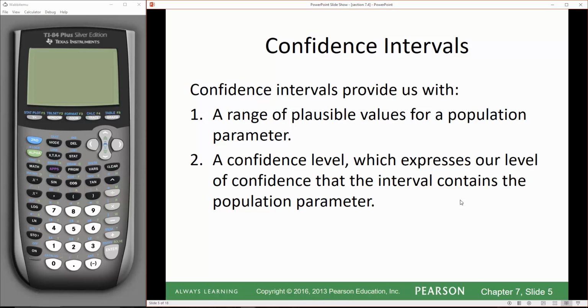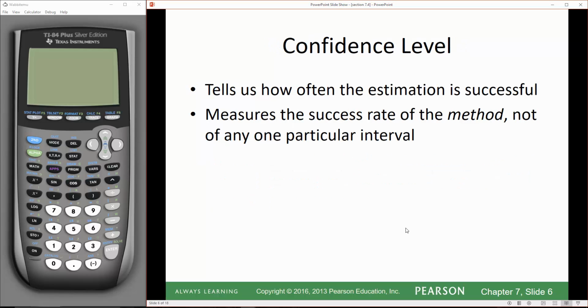And 95% confidence intervals are very common, but we can do multiple different ones. A confidence level tells us how often the estimation is successful, and measures the success rate of the method, not of any one particular interval.